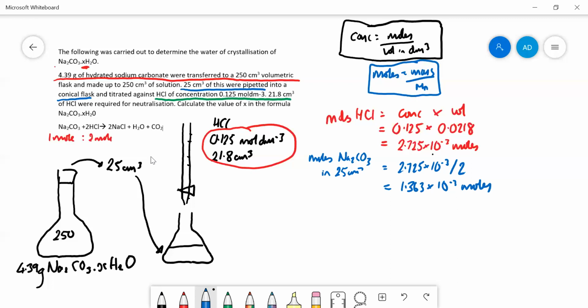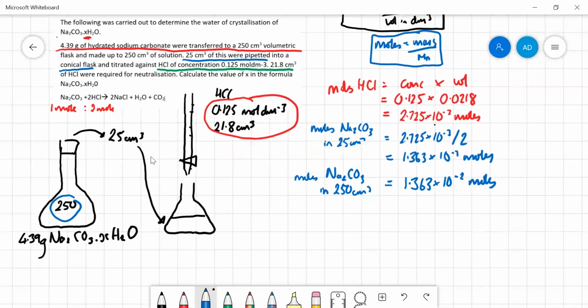Okay, so that's only in 25, but we've got to do it for 250. It's a tenth, so times it by 10. So moles of sodium carbonate in 250 is going to be 10 times that, so that's 1.363 times 10 to the minus 2 moles.